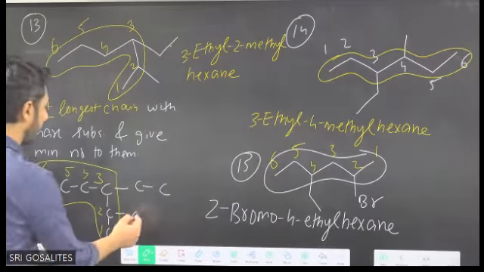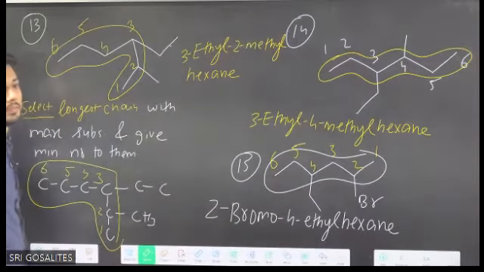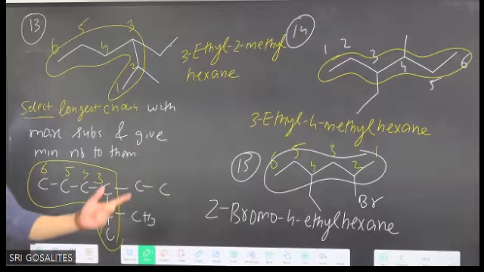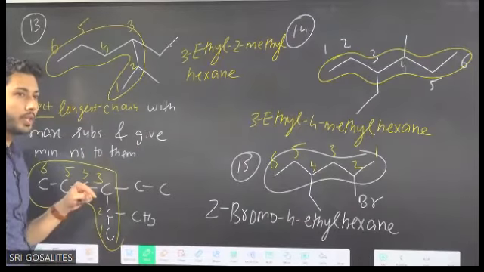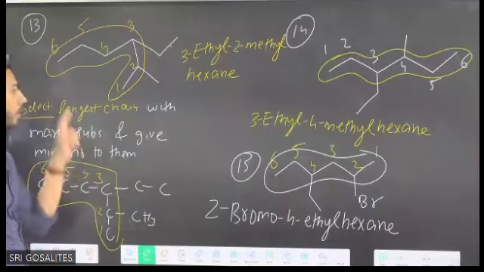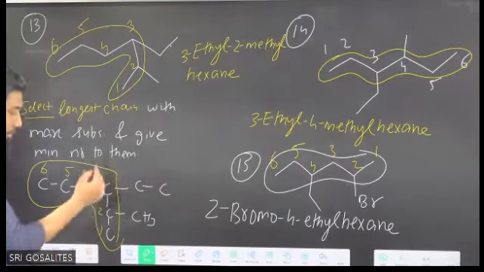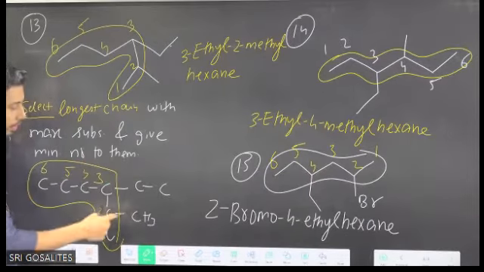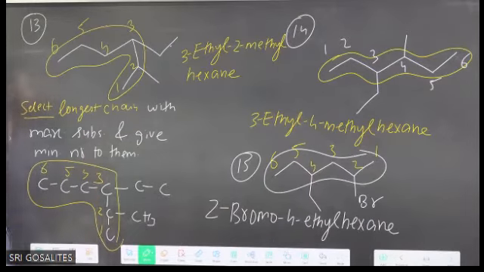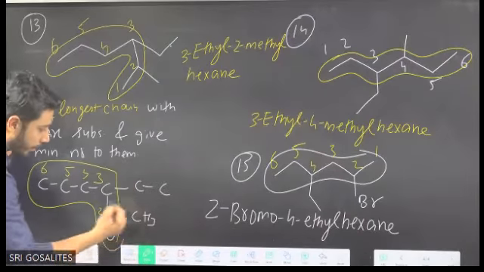At 2, it is only CH3. That's why it is written 2-methyl. Parent chain 6 here, 6 there. So what is the rule? Select the longest chain which contains the maximum number of substituents or branching. So this parent chain of 6 has 2 branching or substituents, CH3 and CH2CH3, methyl and ethyl. If you select the straight chain, only one substituent.